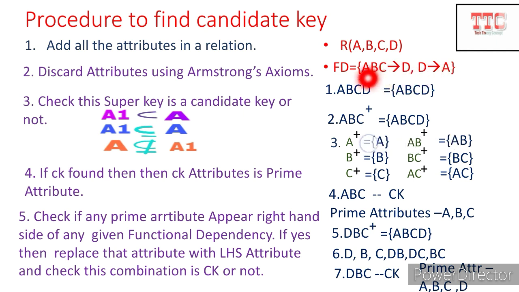Here we can see that ABC determine D, so D is present on the right hand side. We can replace the D with ABC, but we have already checked that ABC is a candidate key, so we don't need to check it again. There is no other prime attribute present on the right hand side, so we can say that in this relation only two candidate keys are present, that is ABC and DBC.